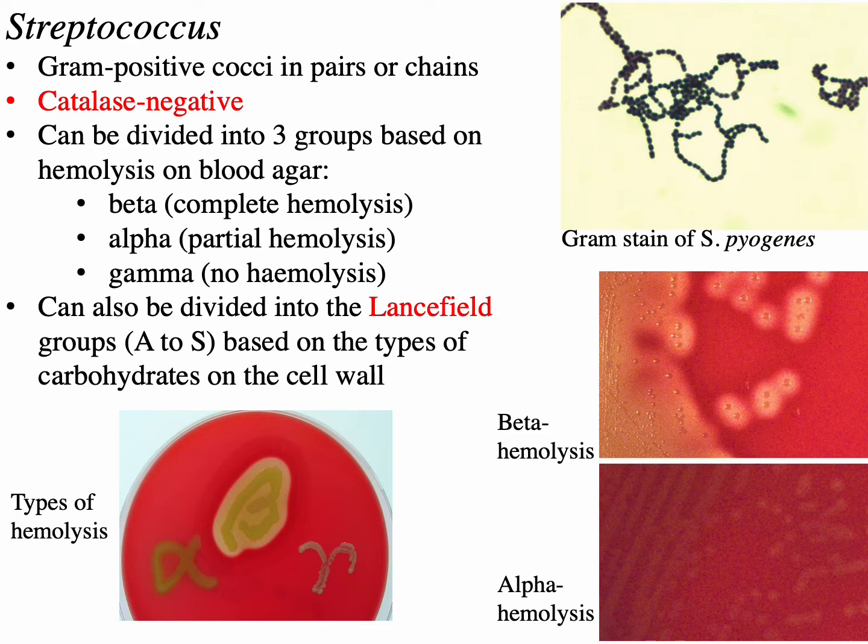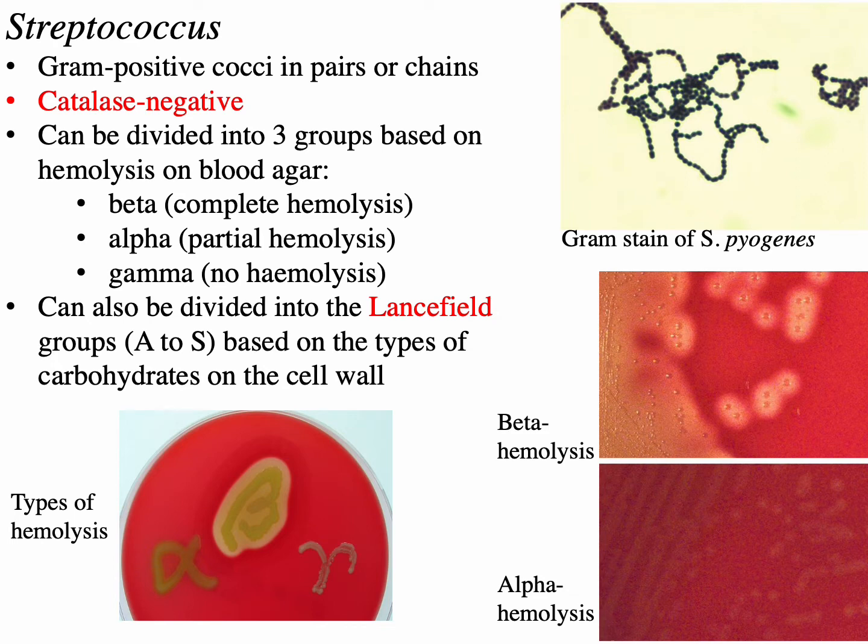You remember a while back in the first lecture we talked about the normal microbiota. In that table 1 that I pointed out to you, in the oral cavity the streptococci are alpha and gamma hemolytic colonies, right? Group A strep is a beta hemolytic colony.